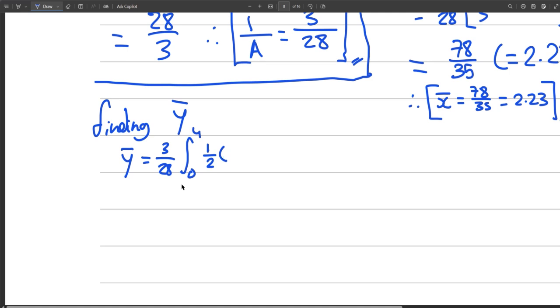I could actually just take the half onto the other side, so I would just get, I'll just write down the equation fully.